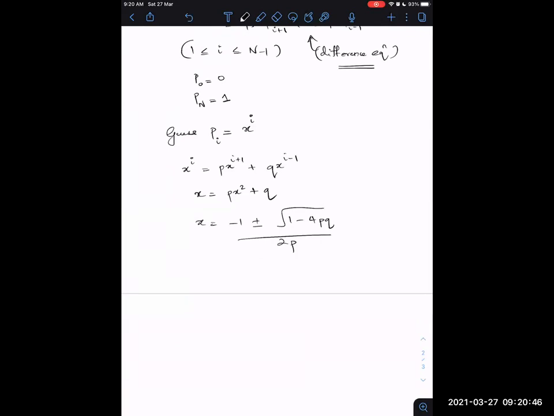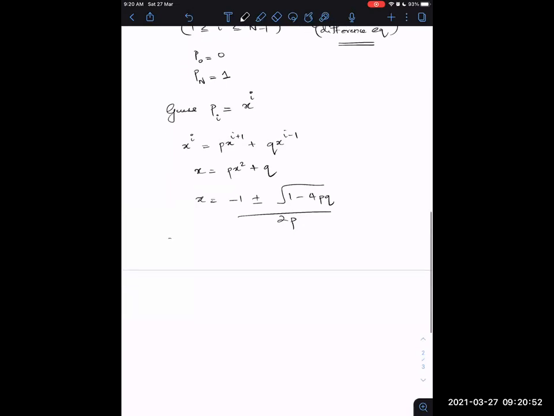Once you have this, you will see this term under the square root, which looks complicated and hard to understand. But if you can take out the square root and put a square inside so that the root and the square cancel out, it'll be nice. So let's do that by completing the square.